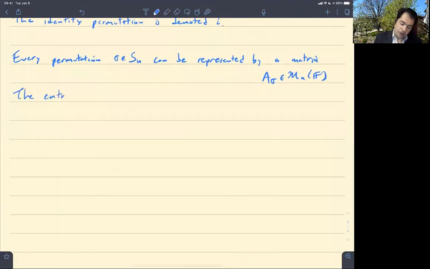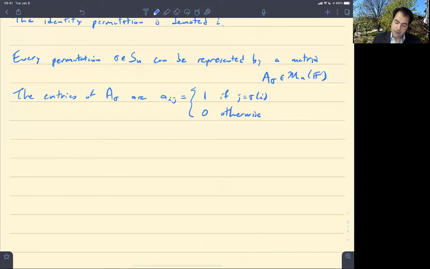So the entries of A_sigma, a_ij, would be equal to 1 if j is equal to sigma of i and 0 otherwise. Right, so just by looking at the matrix A, you can see what the permutation was.